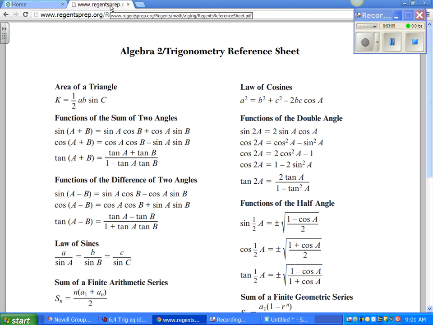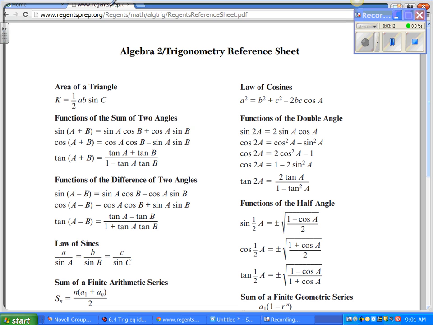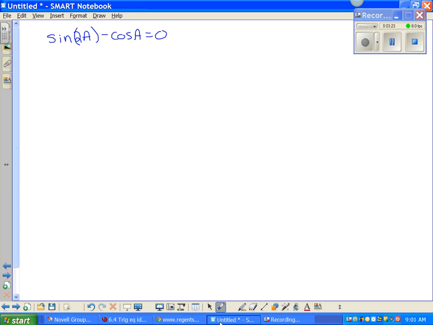If you look at your reference sheet, under functions of the double angle, we have sine of 2a. So what do you think I'm going to do with sine of 2a in that equation? I'm going to substitute in what? Good. So I'm going to replace this with its identity, 2 sine a cosine a, and then keep what I had. It's just substitution. What can I do from here?